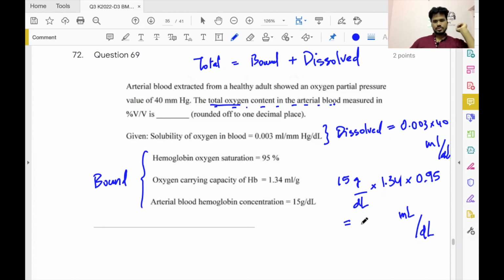Okay, thanks. So this is 19.095. And this is 0.12. So the total should be 19.2, I suppose.